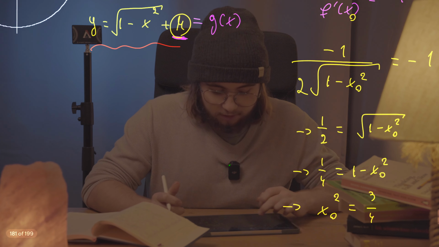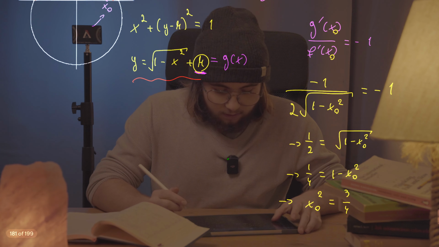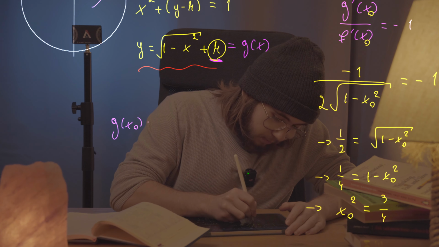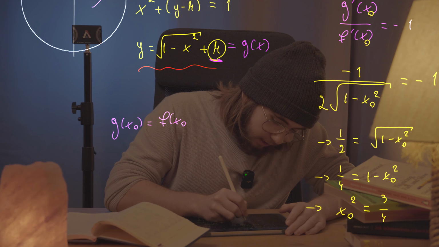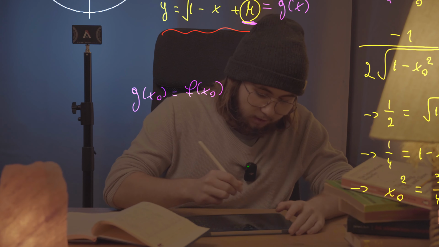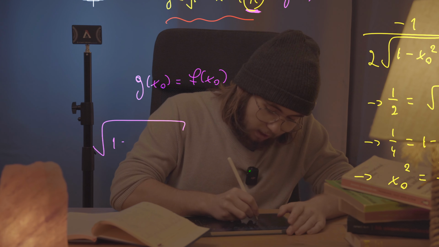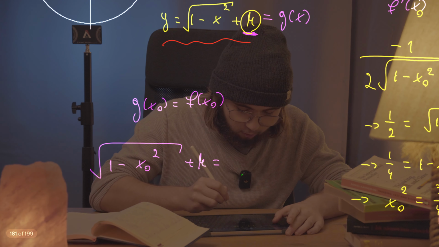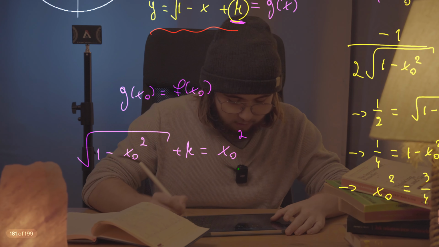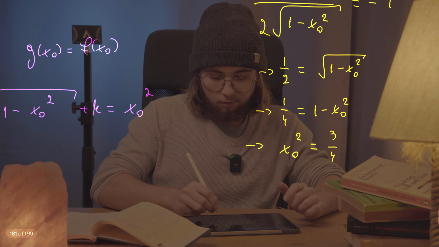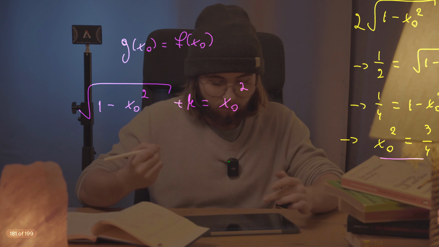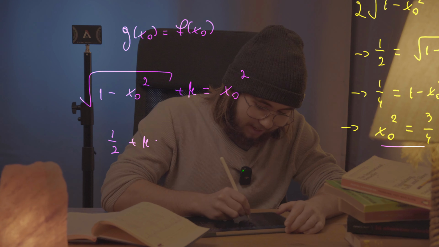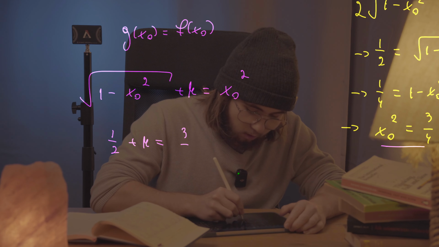And now actually notice that at the point of intersection we have g of x0 equal to f of x0. And so this means that at the point of intersection we will have the square root of 1 minus x0 squared plus the k we're looking for equal to x0 squared. But now let's just insert the value for x0 squared that we just found, which is 3/4, and we'll get a half here plus k is equal to 3/4.